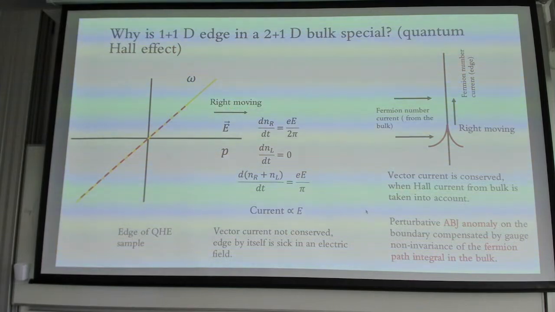It's because we like the picture of the quantum Hall effect. What I'm drawing here is the spectrum of a right-moving fermion living in 1+1 dimensions. If I apply an electric field, the population of the right-moving fermion goes up. I don't have a left-moving branch, so as you can see, neither the vector nor the axial current is conserved.